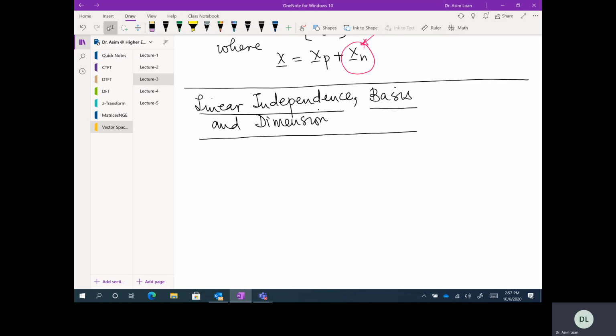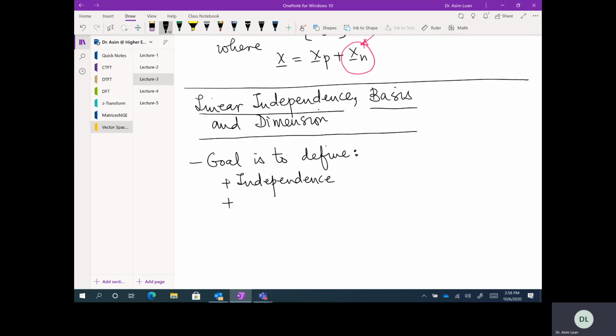So the goal is to define independence, which actually we have already done in an indirect way.